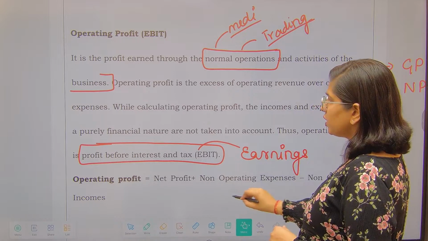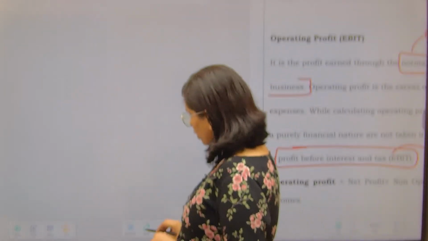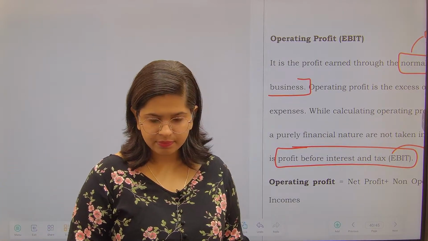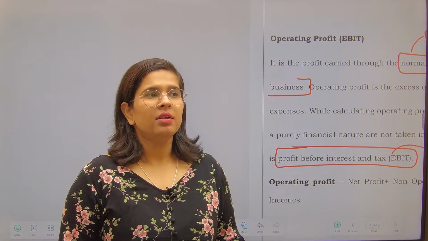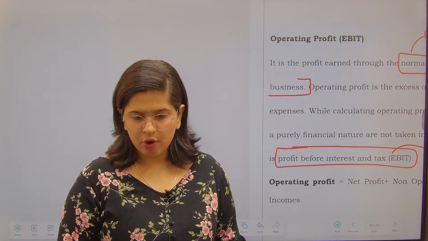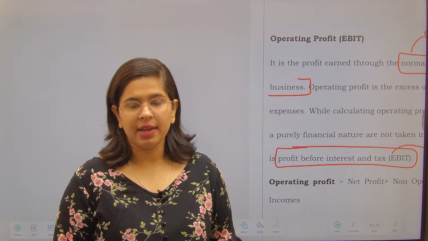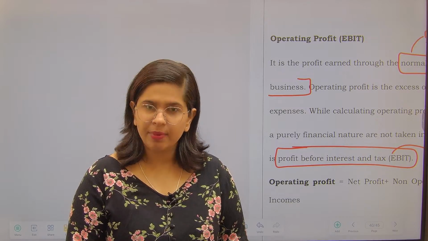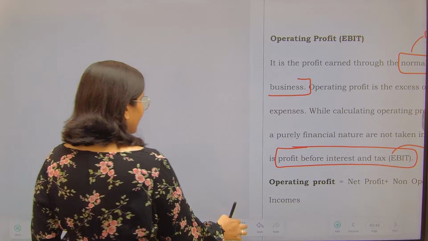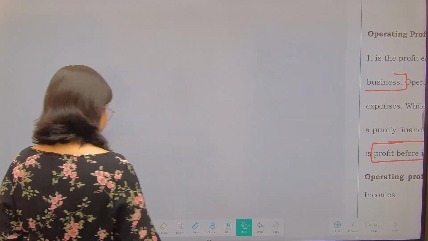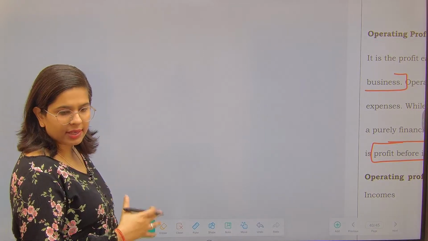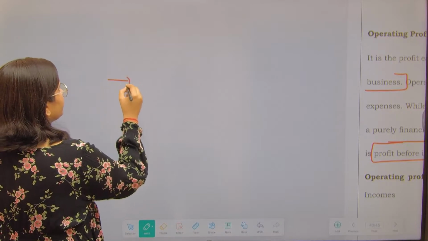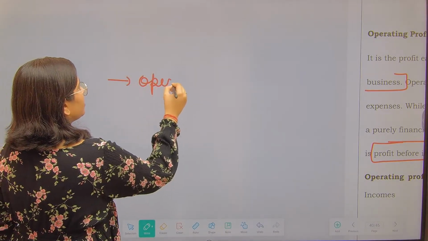Now with that backdrop, let's take one more concept. Many times questions get asked on the types of activities. They will not directly ask you the formula, but the concept can be asked, right? My focus is that whatever they might ask you out of this operating profit, you should be aware of. When we prepare the cash flow statement, there are three kinds of activities we are all aware of. Number one is your operating activity.